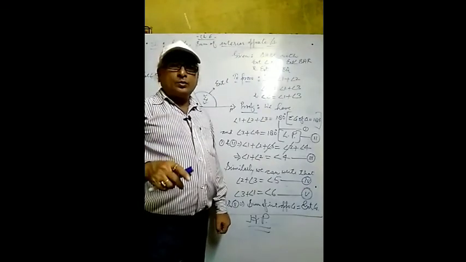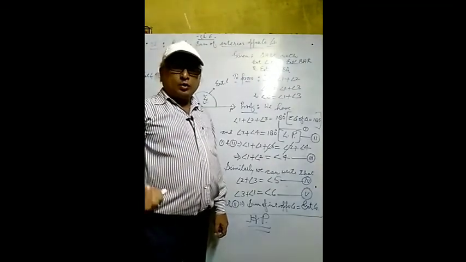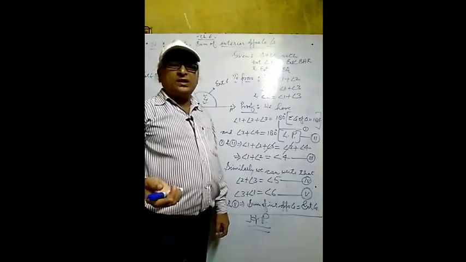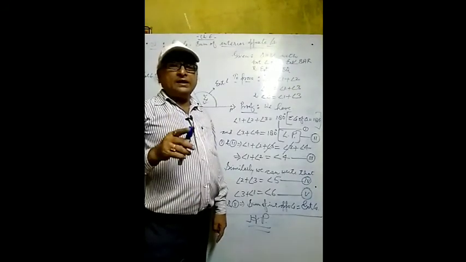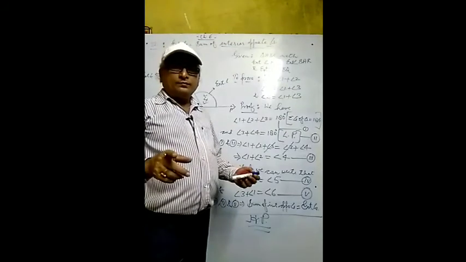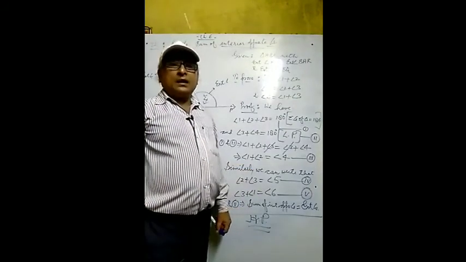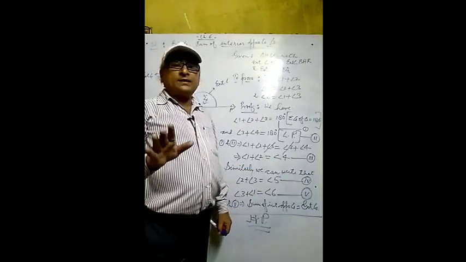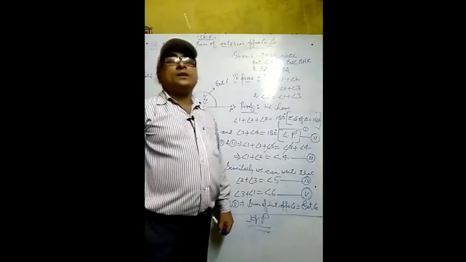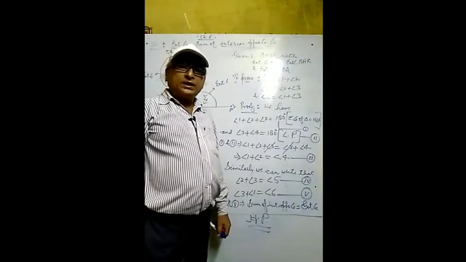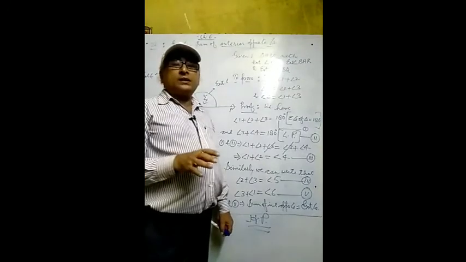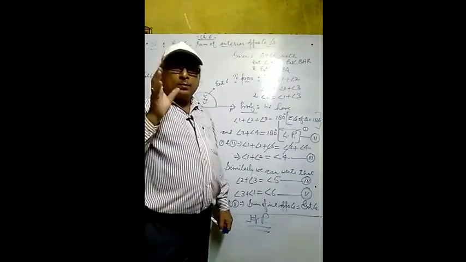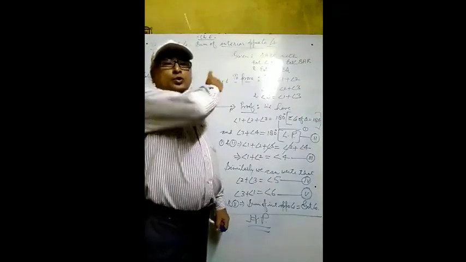The live classes will continue tomorrow, the day after tomorrow, and the next day also. Means Thursday, Friday and Saturday I will come and try to take live classes. During live classes I will try to complete exercise 6.3, and this exercise is completely based on these two theorems.